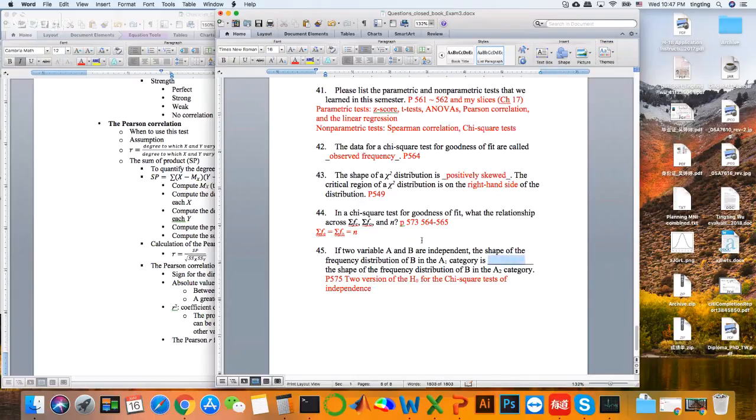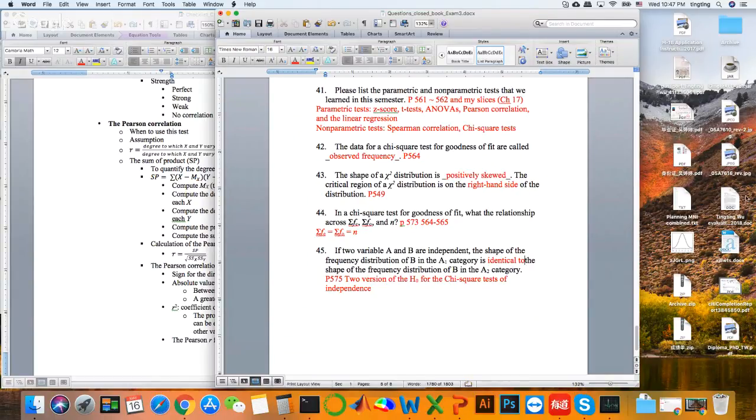If A and B are independent, the shape of the distribution of B in the A1 category is the same as the shape of the distribution of B in the A2 category.